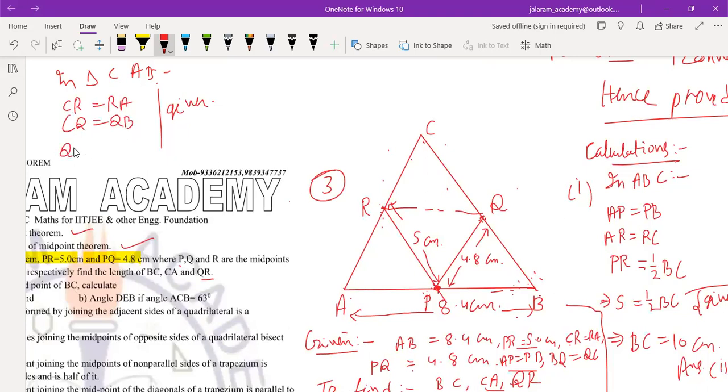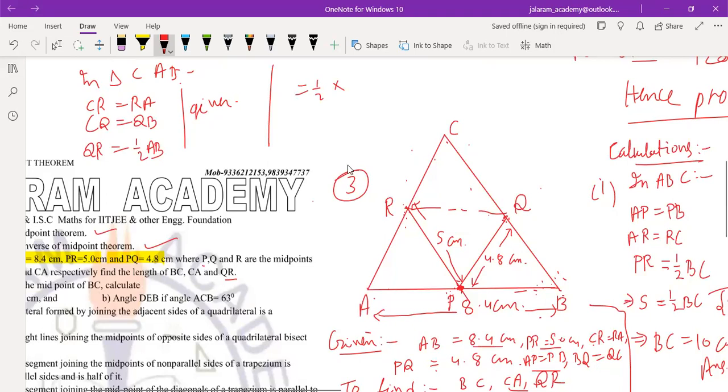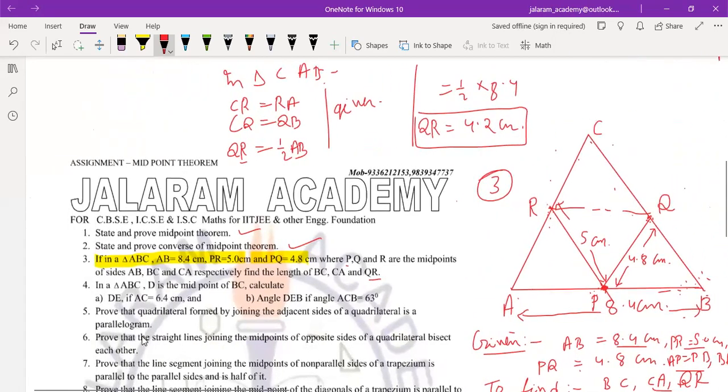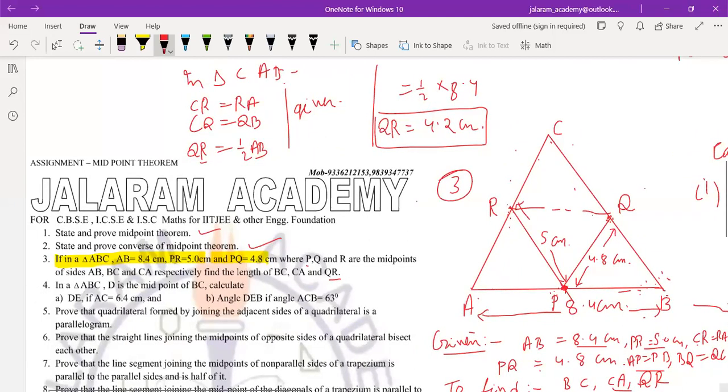The line segment joining R and Q, which are the midpoints of CA and CB, is half and parallel to the third side AB. And AB is given to us. Its value is given in the question, 8.4. So the value of QR which we are going to find is 4.2 centimeter.